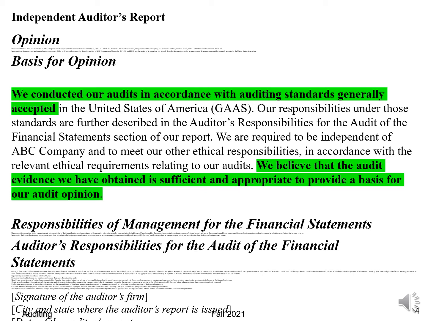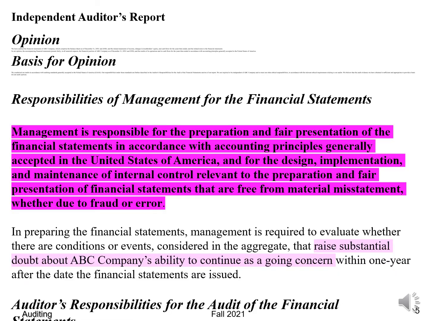The last sentence is, we believe that our audit evidence is sufficient and appropriate to provide a basis for our opinion. If we can't say that, we don't have enough evidence to express an opinion. Okay, so that's why those 2 lines are highlighted in green. What's green mean? Oh, I better know that for the test.